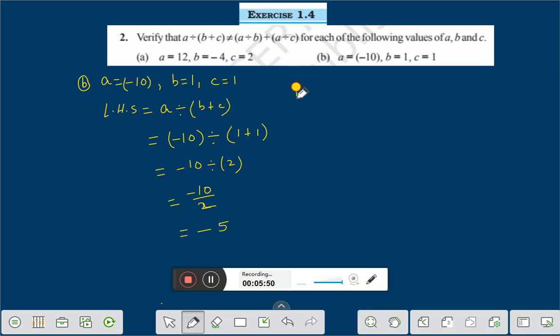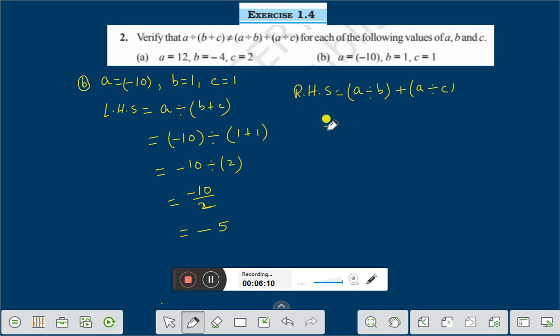Now, if we take the right hand side, we are getting A divided by B plus A divided by C. What are you getting?